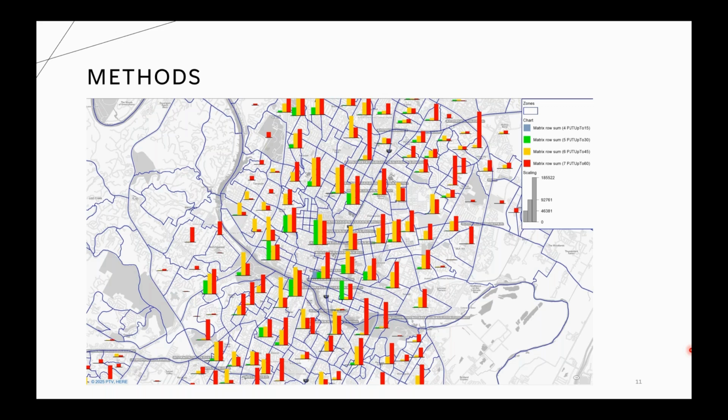So as the result for each origin zone at the end, we have a graph like this, which presents the number of jobs available within 15 minutes, 30, 45, and 60.